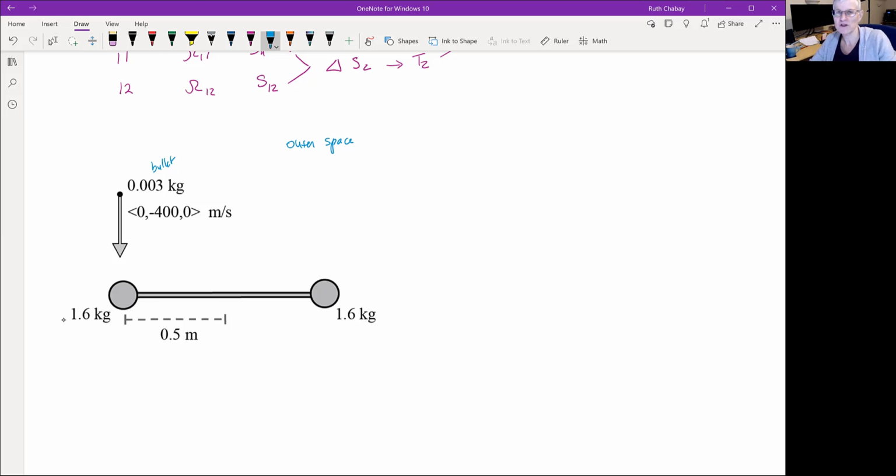Initially, this dumbbell shaped thing is at rest. The bullet comes in and actually embeds itself. These masses are wood, so the bullet embeds itself in this object. And you can just think for a minute about what's going to happen here.